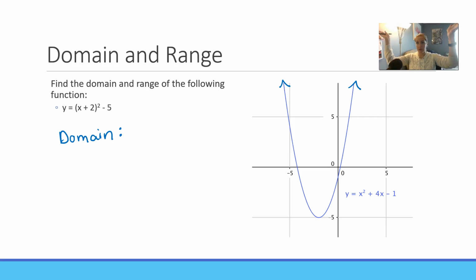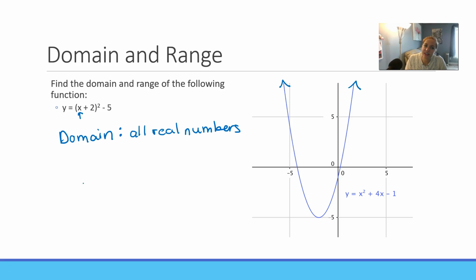It's going to be heading out to infinity either direction for your x values. So there's no actual restriction. I can put whatever I want in for x, and I can solve this, square it, subtract 5, and I'll get my y value. So the domain is all real numbers. Again, yay, nothing too exciting so far.